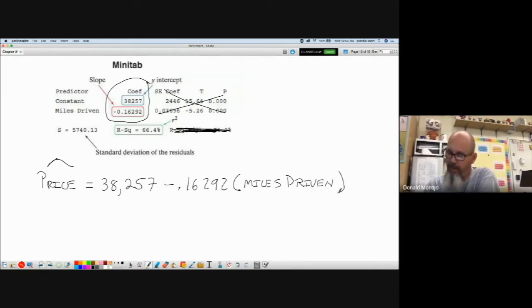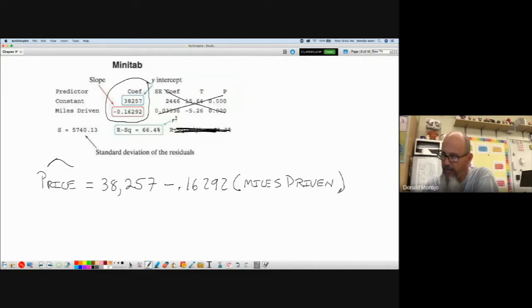Oftentimes, it's much better to write the equation in words instead of variables. So what do these variables mean? In context of the problem, we're going to be asked over and over and over again to explain the slope in context.